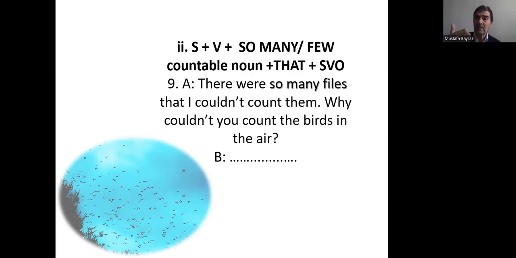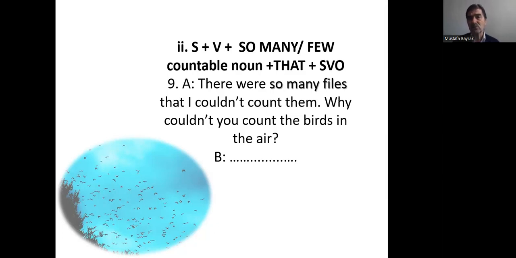Of course, let me say this much and you understand the rest. So you can put all the countable nouns after so many, so few. So many books, so many tables, so many trees, so many birds, so many people.